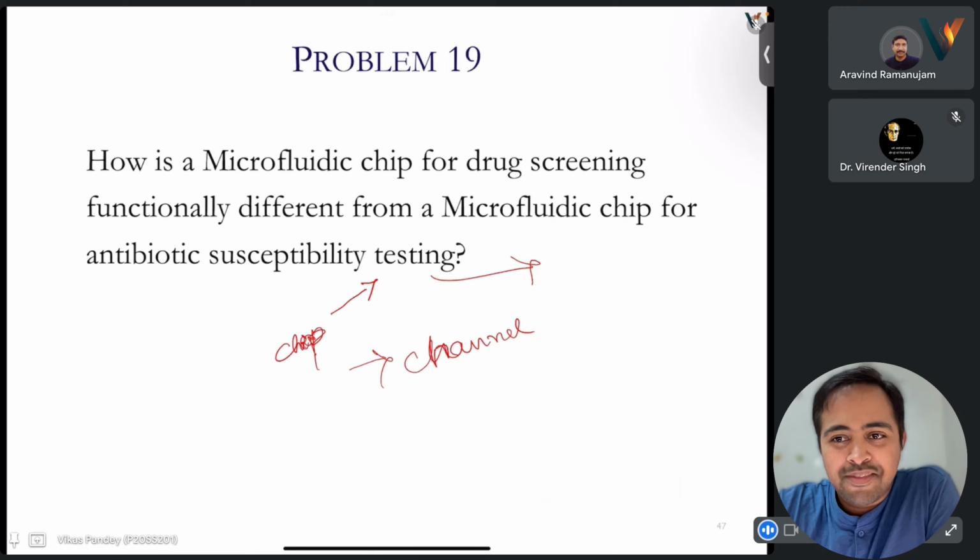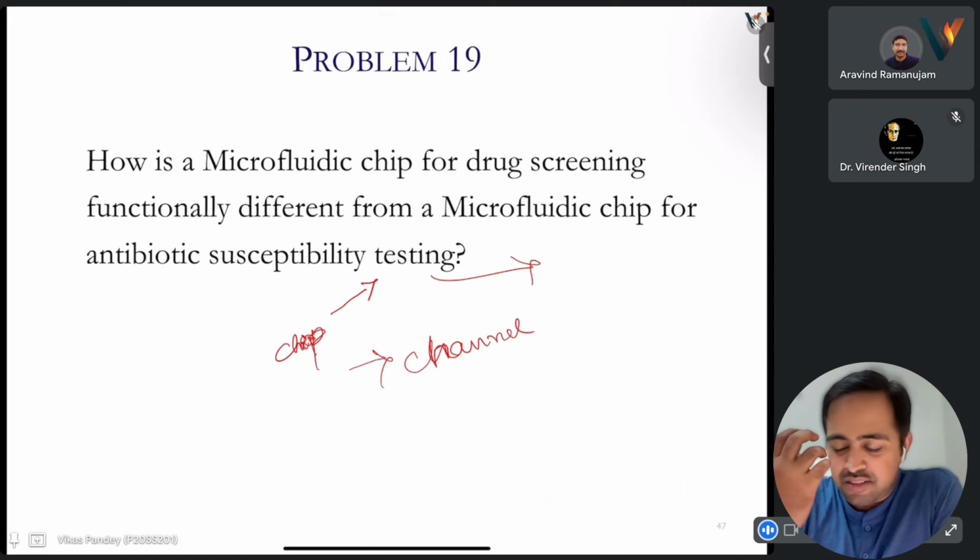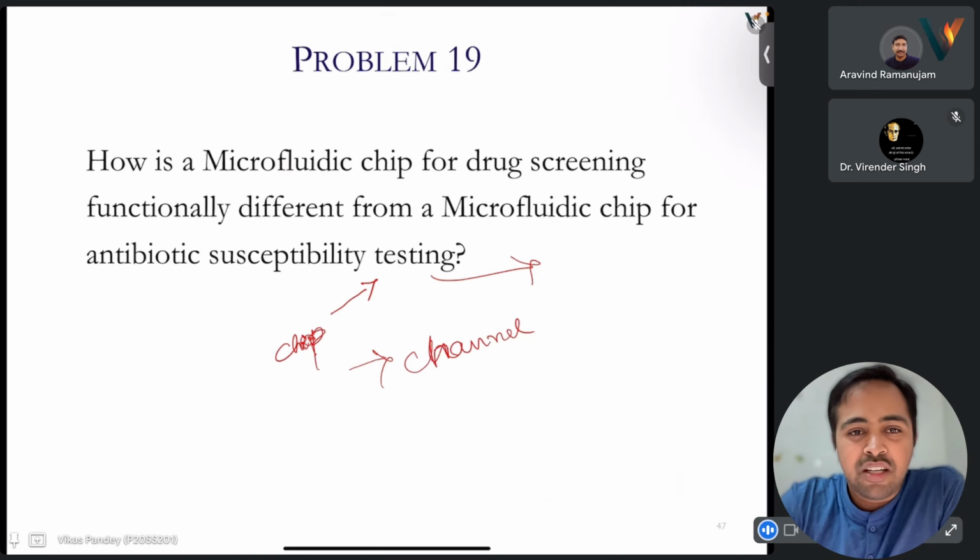Is there a difference in how they function? In both cases, we are checking the impedance only. But is there any difference between the functions? Both the chips have inlets and outlets. We can send the stained blood and test our drugs.